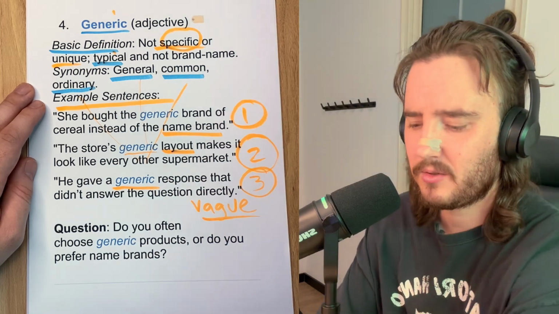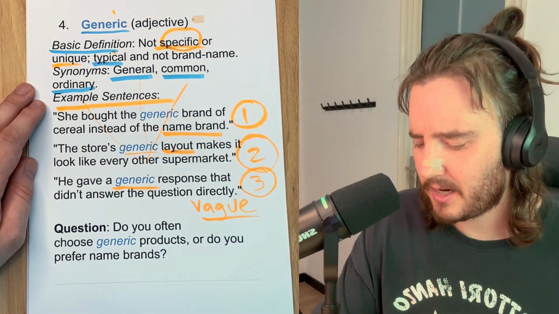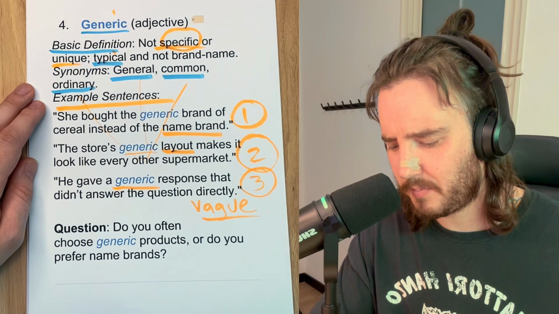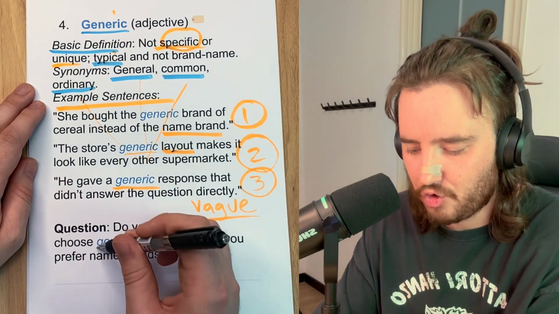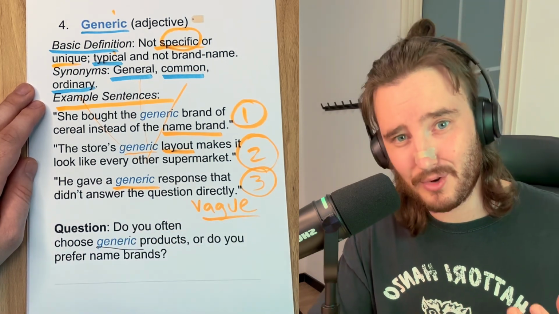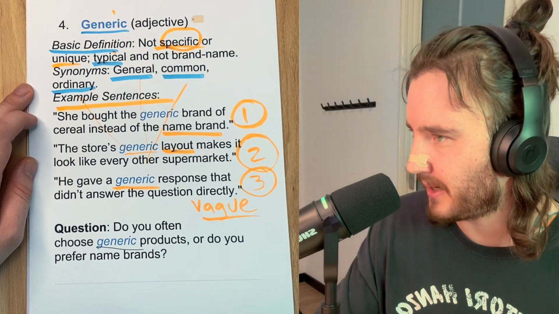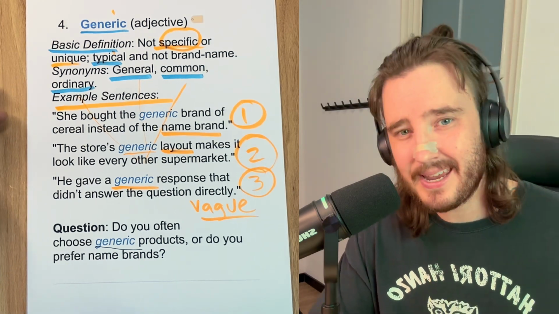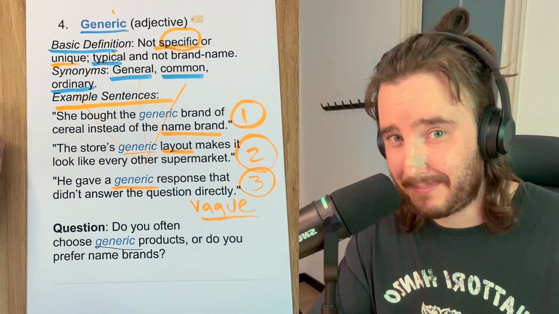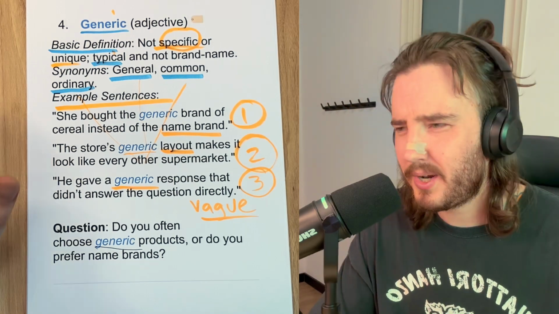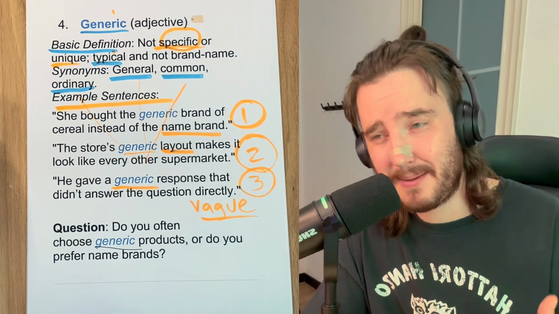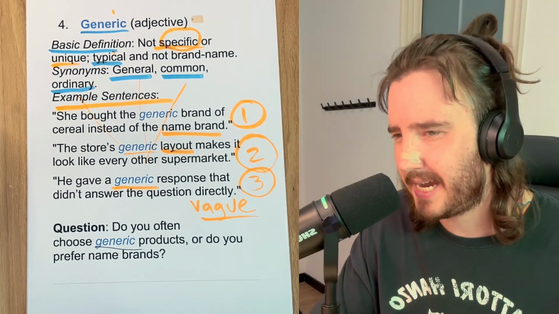Okay, so here's a personal connection question for us to respond to. Do you often choose generic products or do you prefer name brands? I actually have kind of a funny response to this. When I was a kid and I would go grocery shopping with my mom, she would never let us get the name brand version of things, right?